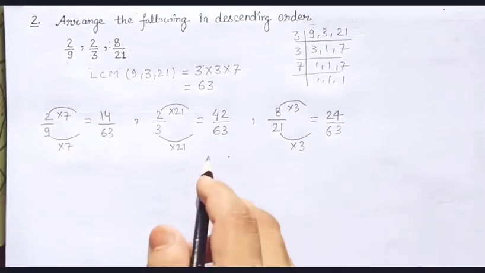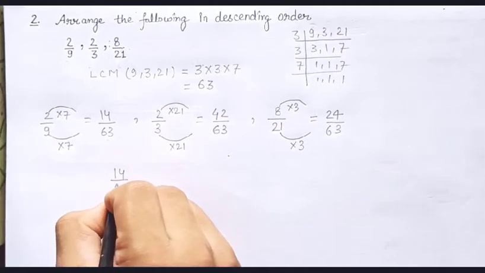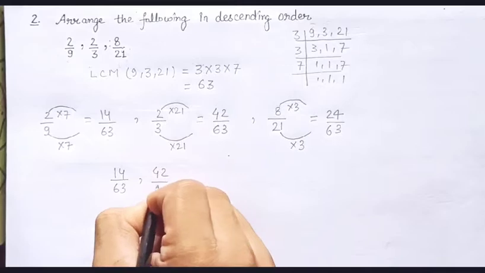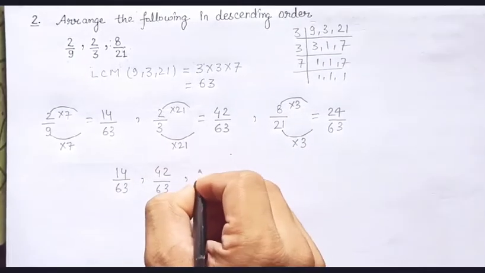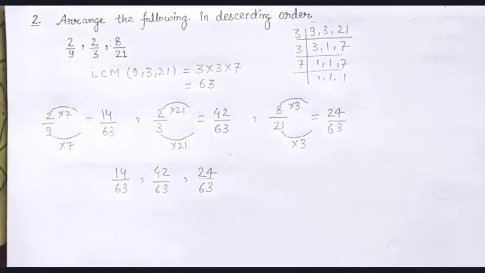Now we have to compare the fractions 14 by 63, 42 by 63, and 24 by 63, and arrange them in descending order.